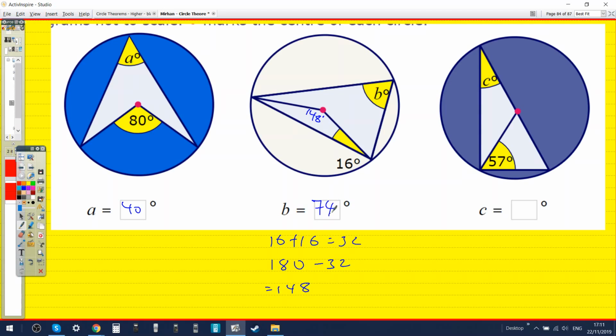And then how about this one? Same, I think. 57 plus 57 is 114.